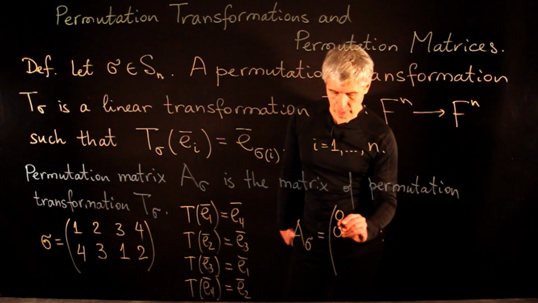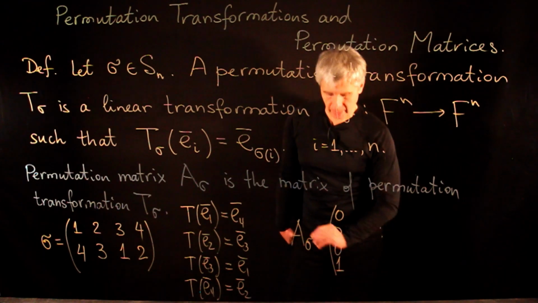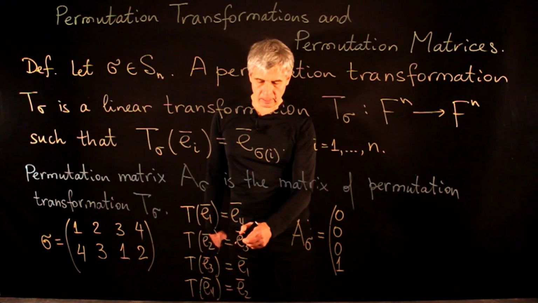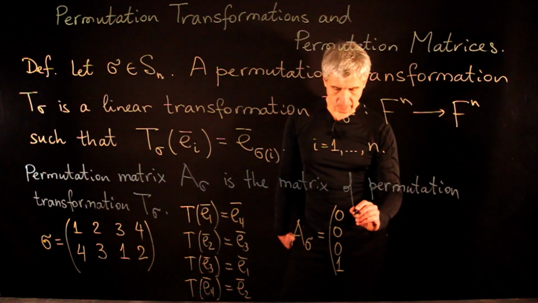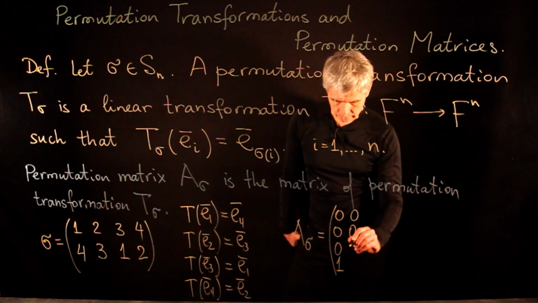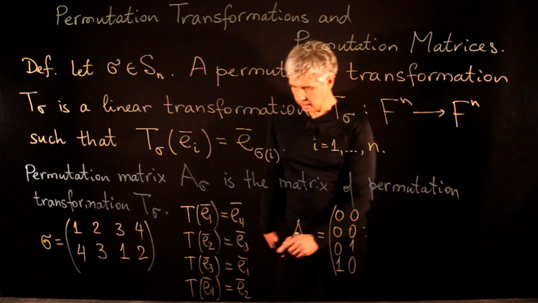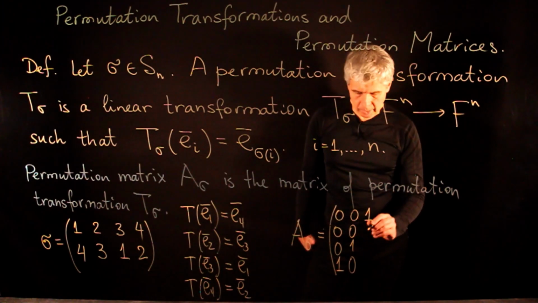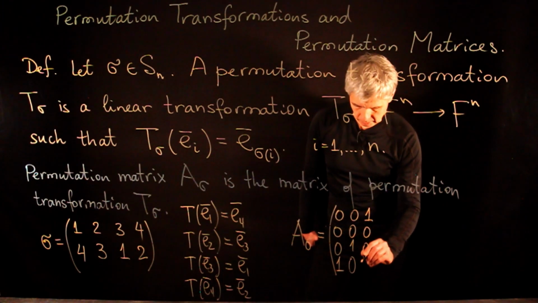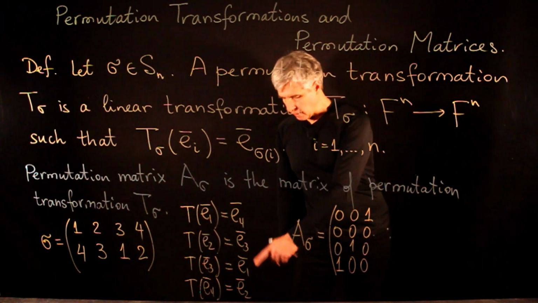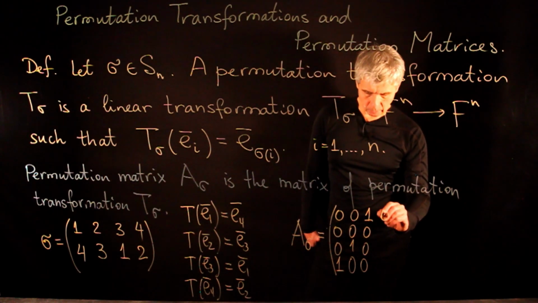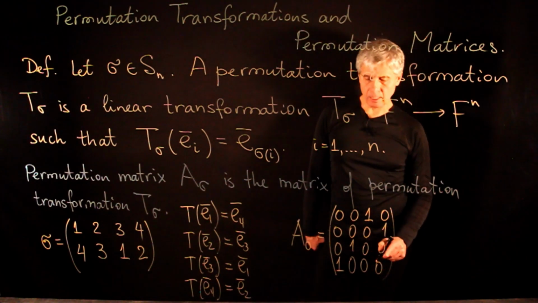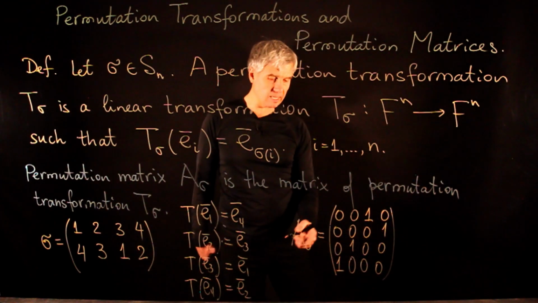The second column of this matrix is 0, 0, 1, 0. Then the third column is the vector E1, which is 1, 0, 0, 0. And the last column is the vector E2, which is 0, 1, 0, 0. So this is the permutation matrix A sigma.